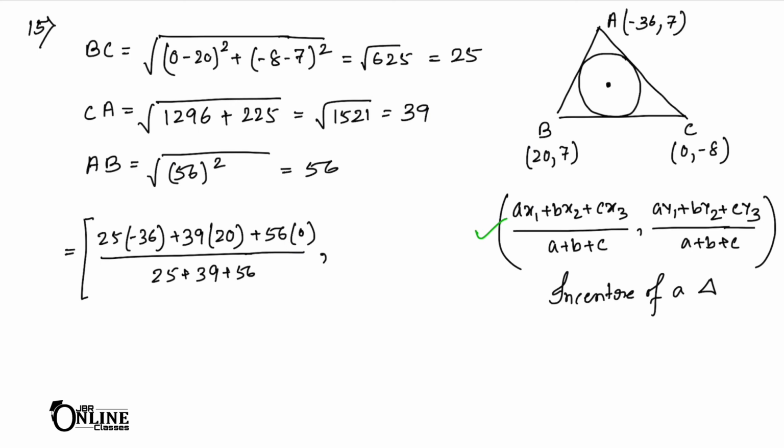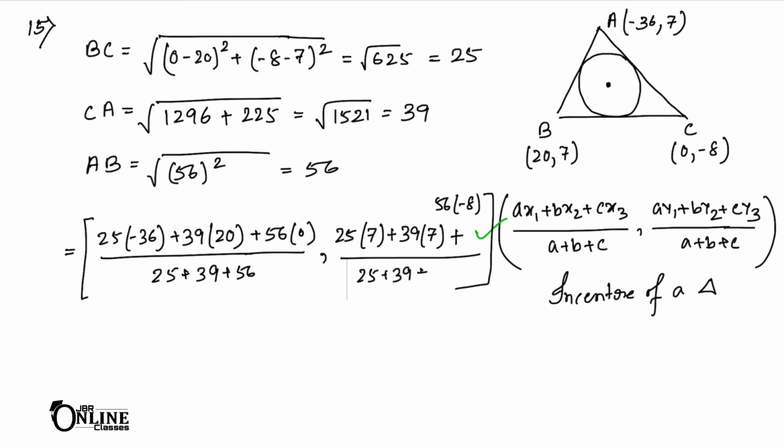Now for the next one here 25 into 7 plus 39 into 7 and then here 56 into minus 8. Okay, divided by again 25 plus 39 plus 56. So that one will be here minus 120 by 120 and second one will be here 0 by 120. So your answer will be here minus 1 comma 0.